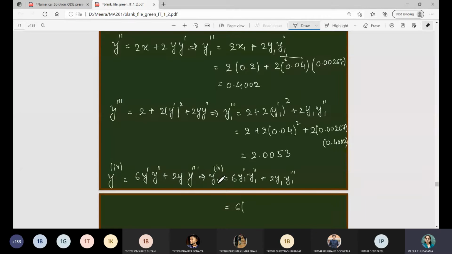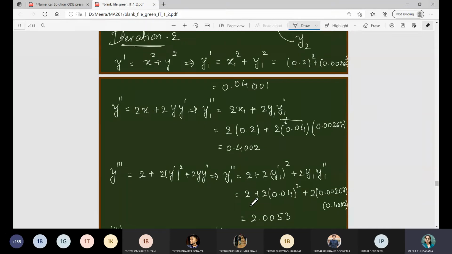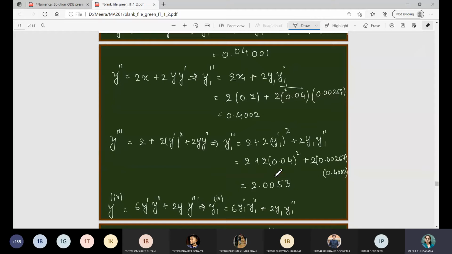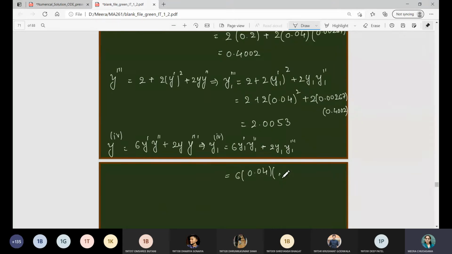So fourth order derivative is this one. So at y1 we have to substitute all these values. So 6 into y1 dash we got as 0.04. Then y1 double dash is 0.4002 plus 2 into y1 is 0.00267 and y1 triple dash is the last iterated value, that is this one.